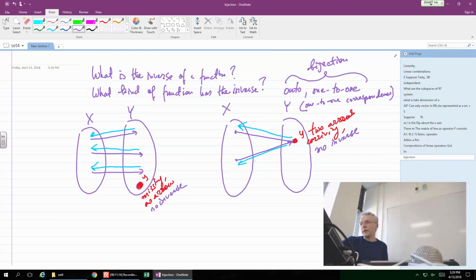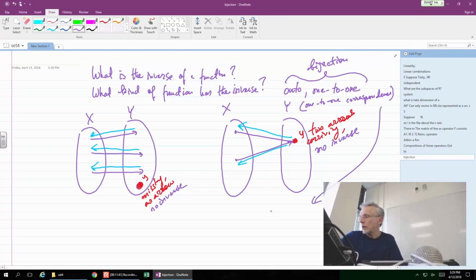However, we have to understand this more carefully, so we can translate it into the language of matrices. So the function is one-to-one and onto. It is a bijection, which means that for every output there is exactly one input.